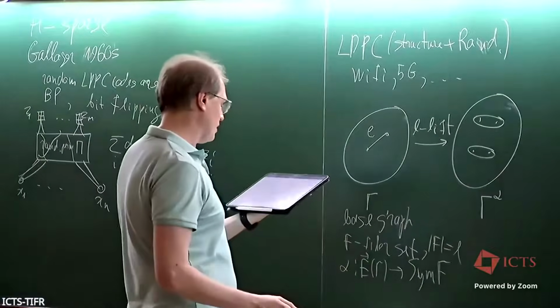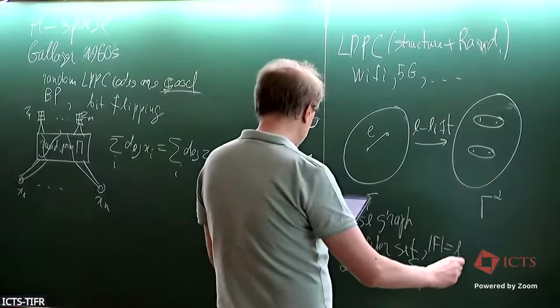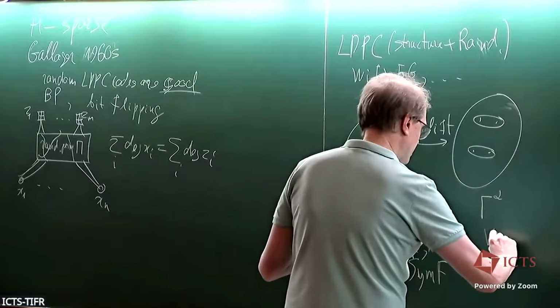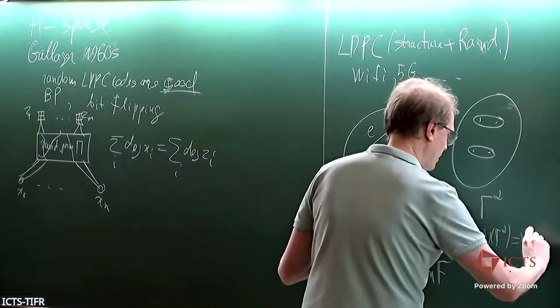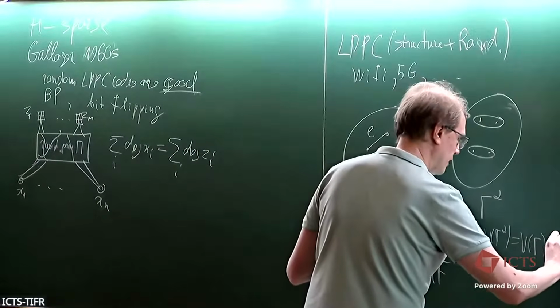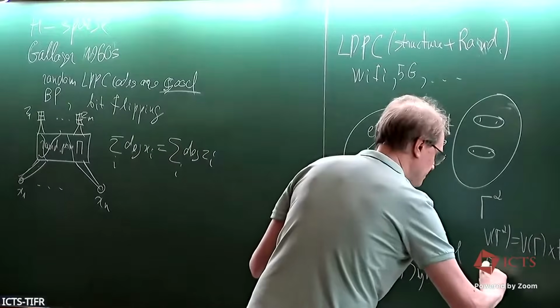So we have L copies, which means that V of G alpha is equal to V of G multiplied by the fiber. And we also do the same with edges.